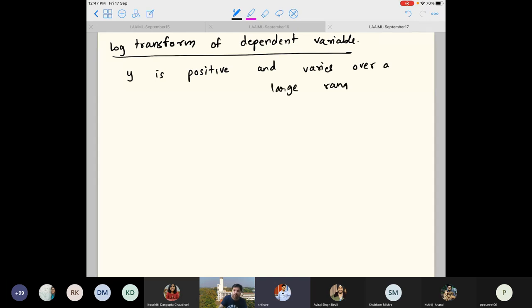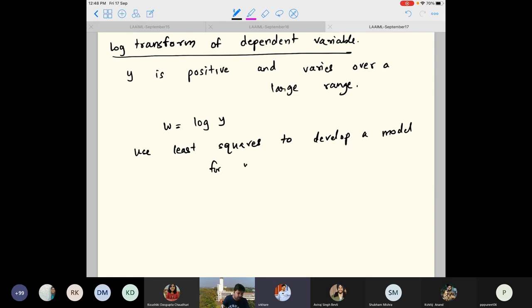So what people do, because it is varying over a large range and all the values are positive, is they take a log transform and define a new variable w equal to log of y. And when you have w equal to log of y, then use least squares to develop a model for w.